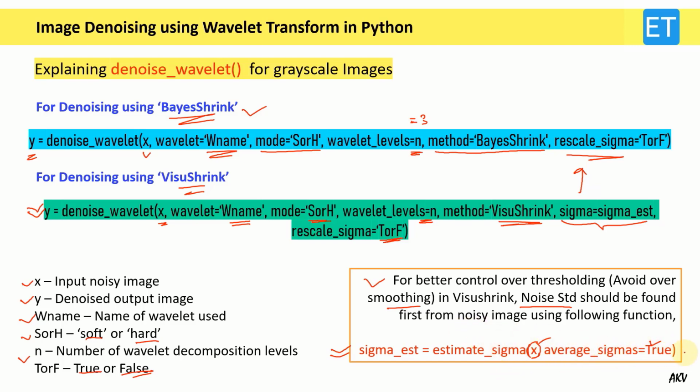Once you execute this function, it will estimate the noise standard deviation from the noisy signal, and then by controlling the value of this sigma_est, which is the estimated standard deviation, you can control the over-smoothing of the image. So sometimes you need to decrease it. For example, let's say the estimated value is sigma_est, then sigma equal to sigma_est, you will write either divided by 2 or divided by 3 to adjust the over-smoothing.